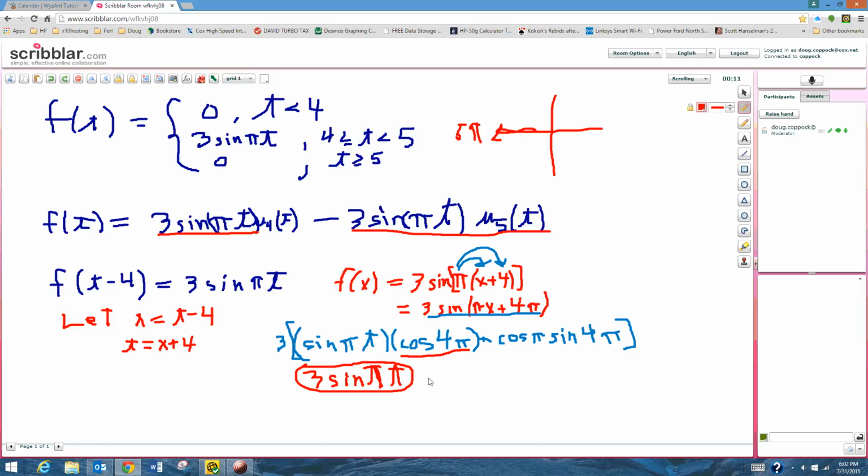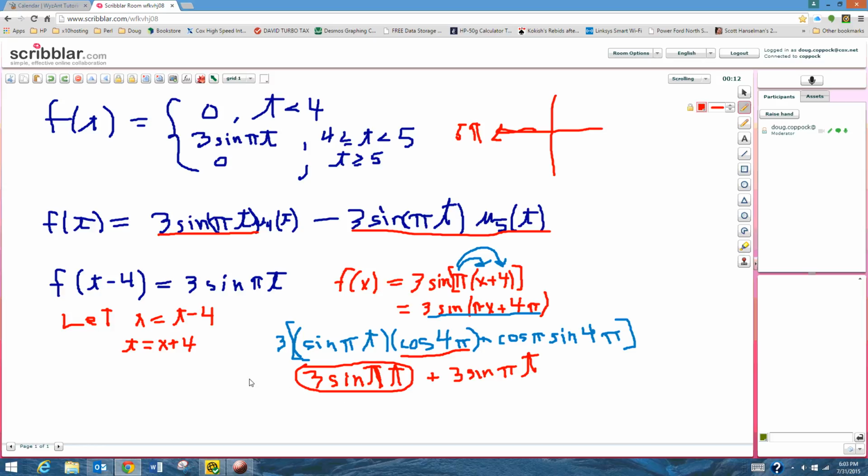Oh, but we're subtracting. So we'd have minus 3. But this will go to 0. We'll have minus 3 times minus sine of pi t will be plus 3 sine of pi t. This will be mu sub 4 of t, mu sub 5 of t.